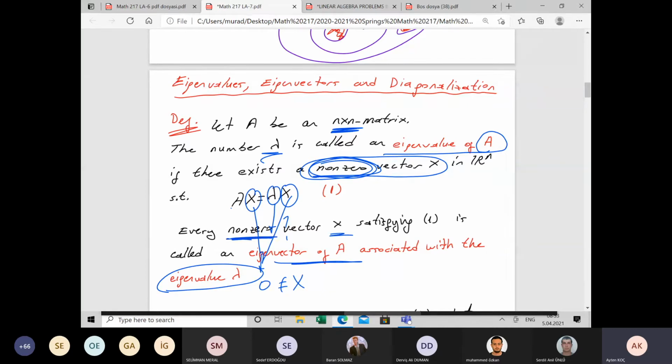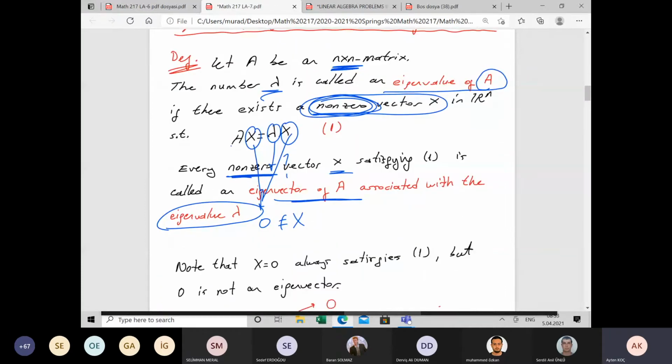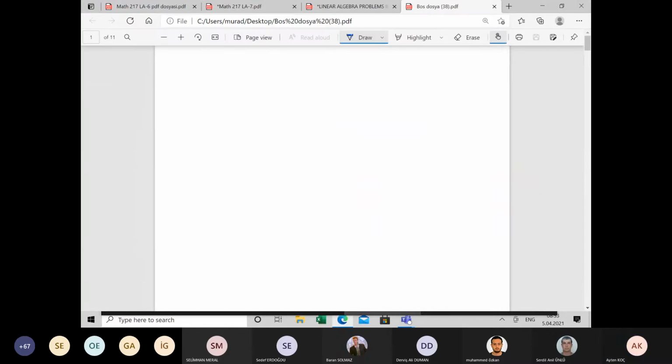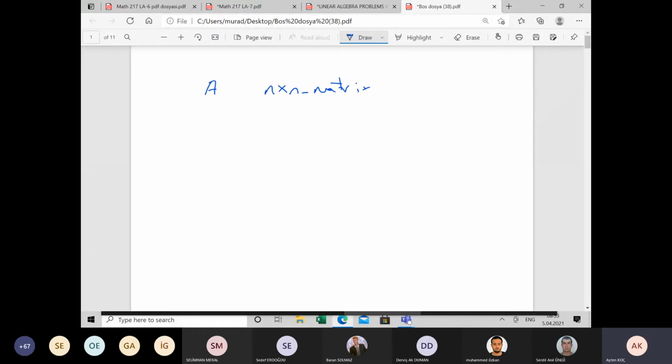Of course, our aim is to find the eigenvalues and eigenvectors of the n by n matrix. Let's write here: our matrix is n by n. What is the eigenvalue and eigenvector? Look at this equation: Ax equals lambda x.